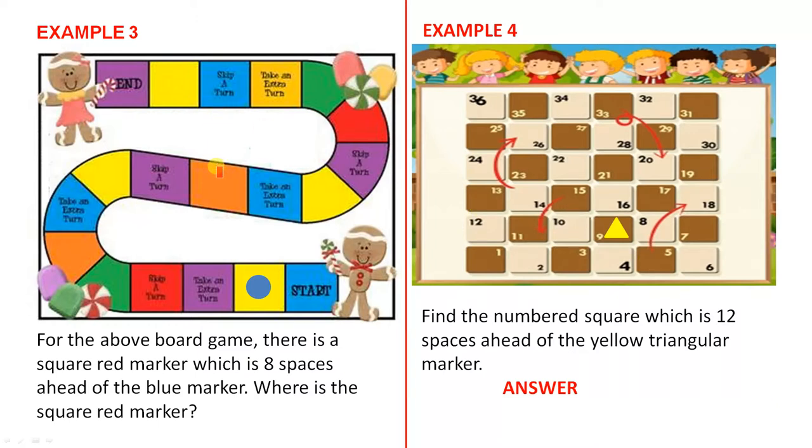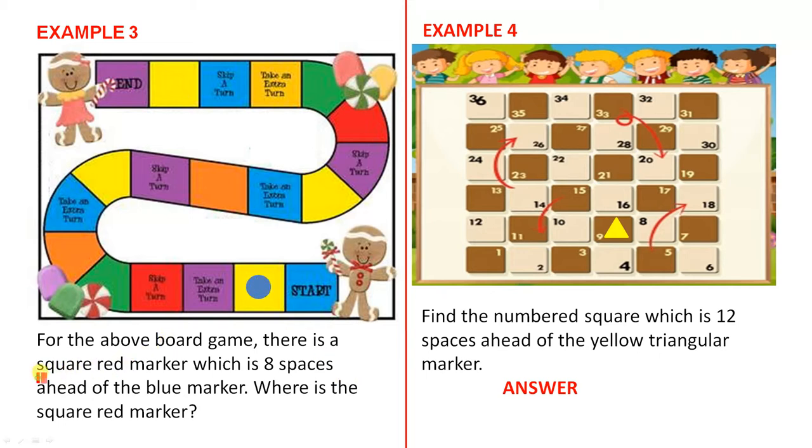Also, board games. We play plenty of board games, so here's another example of using counting on in everyday life on a board game. For the above board game, there is a square red marker which is 8 spaces ahead of the blue marker. Where is the square red marker? So here's your blue marker.